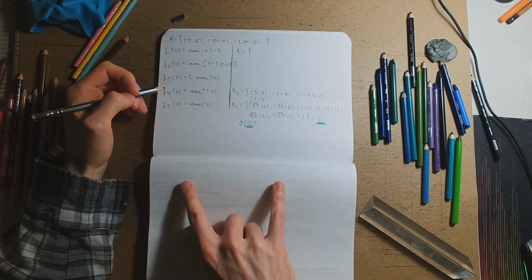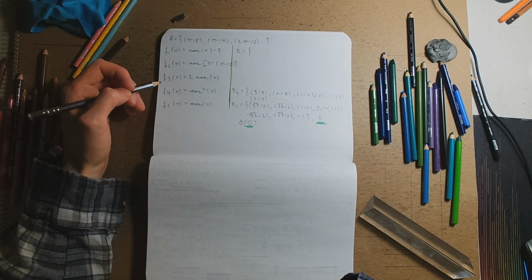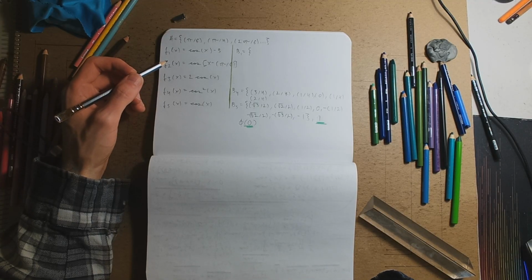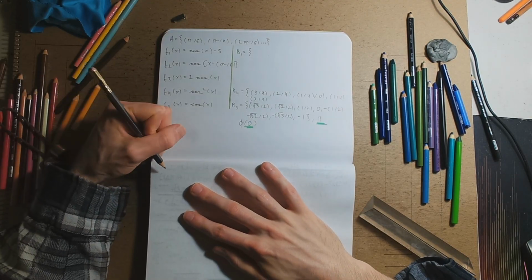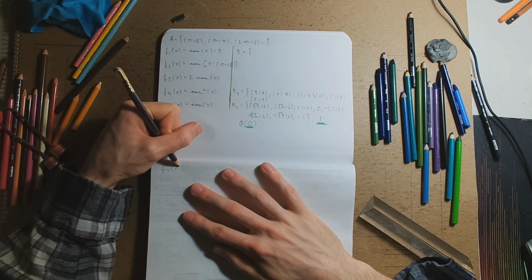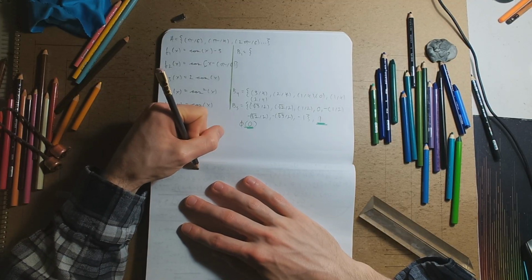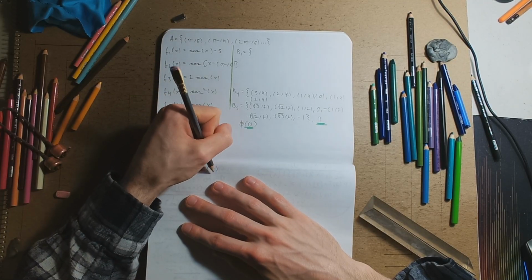If we had one more, we could split it up into thirds. For now, I think f1 of x will be equal to the cosine of x.